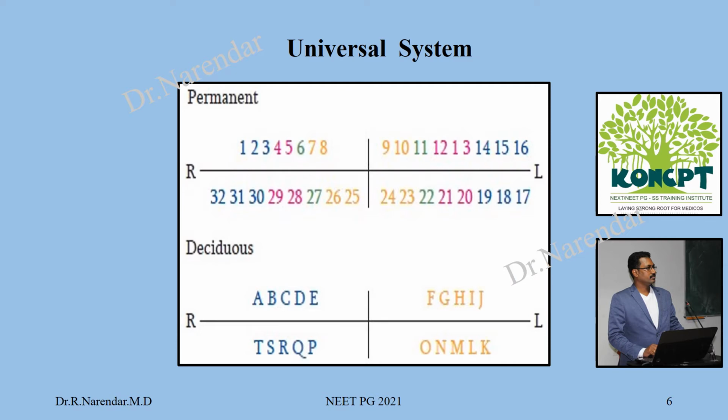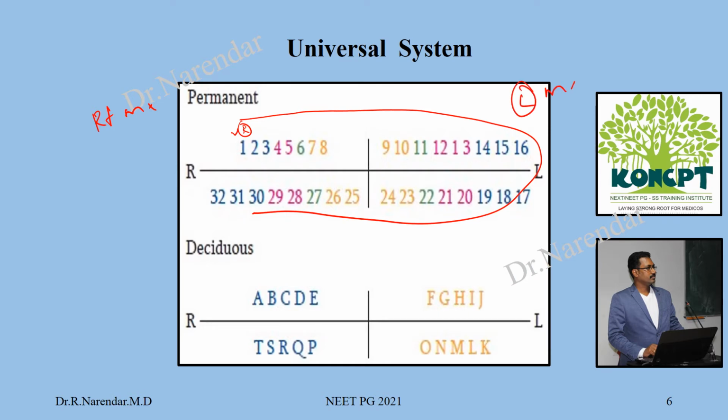Coming to the different charting techniques, this is the thing which has been given in the question. Starts from the upper right, also called as right maxillary. This is left maxillary, this is left mandibular, and this is right mandibular.